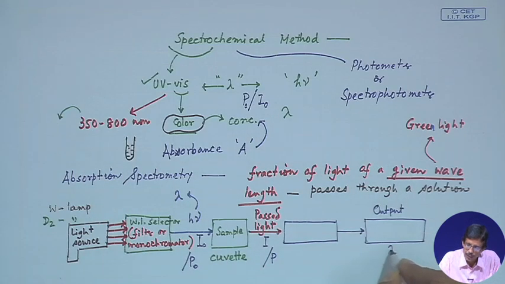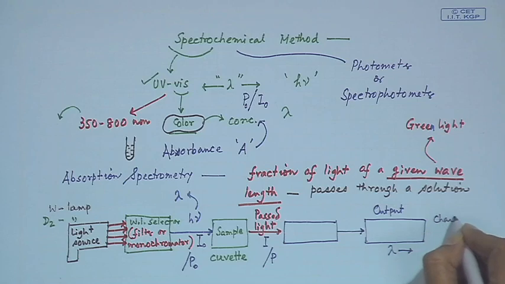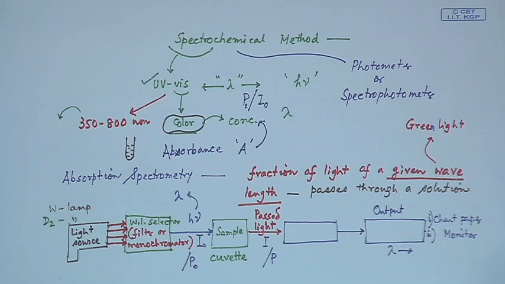So, if we consider that this is the lambda axis for this output, so it can be a chart paper. So, on a chart paper we can record, or simple computer monitor is fine.